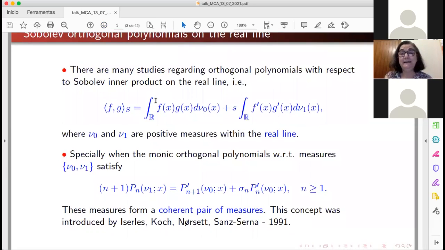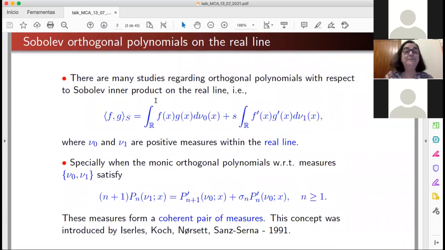We know that on the real line there are many studies about orthogonal polynomials with respect to inner products defined using mu 0 and mu 1 and also the derivatives, where they are measures on the real line.